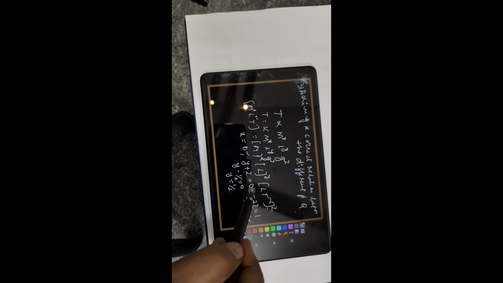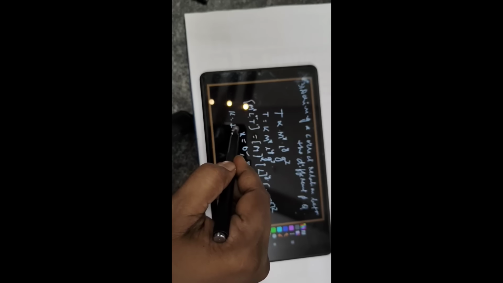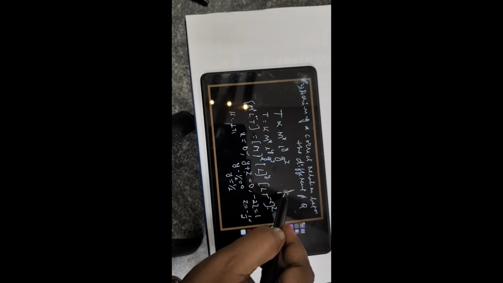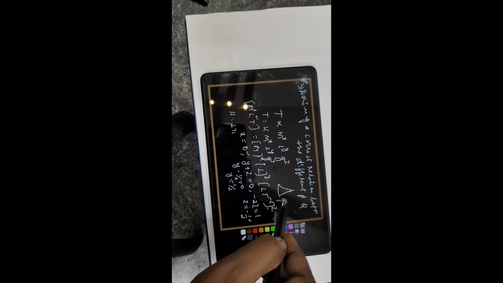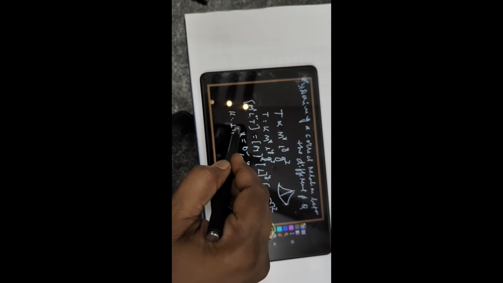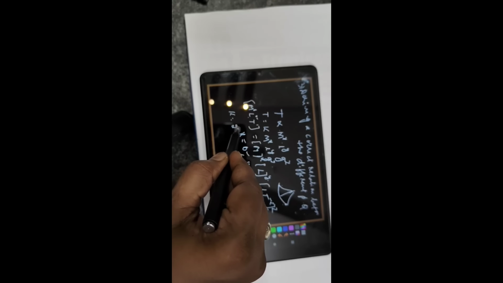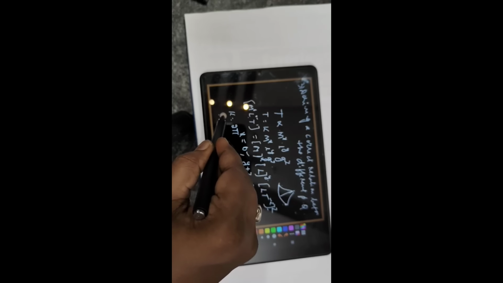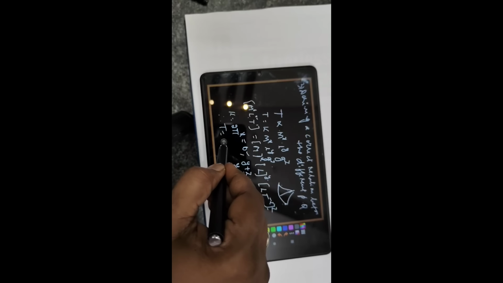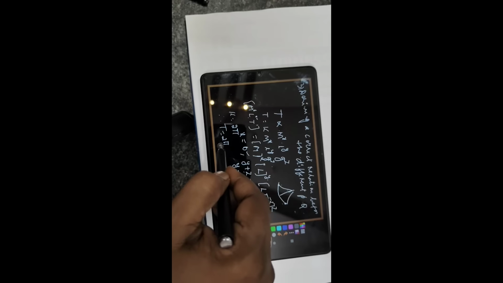So experimentally, the k value is 2 pi, because for a complete oscillation of the simple pendulum it will be 2 pi. So t is equal to 2 pi. m is 0, so we will not take m.